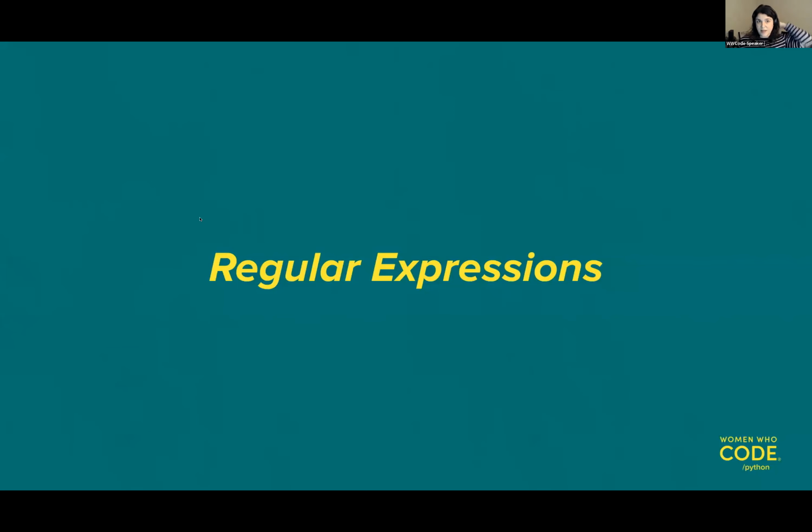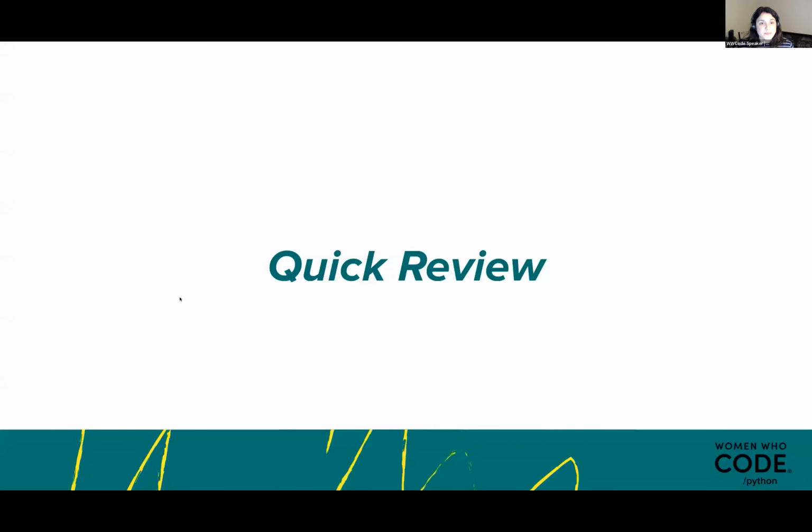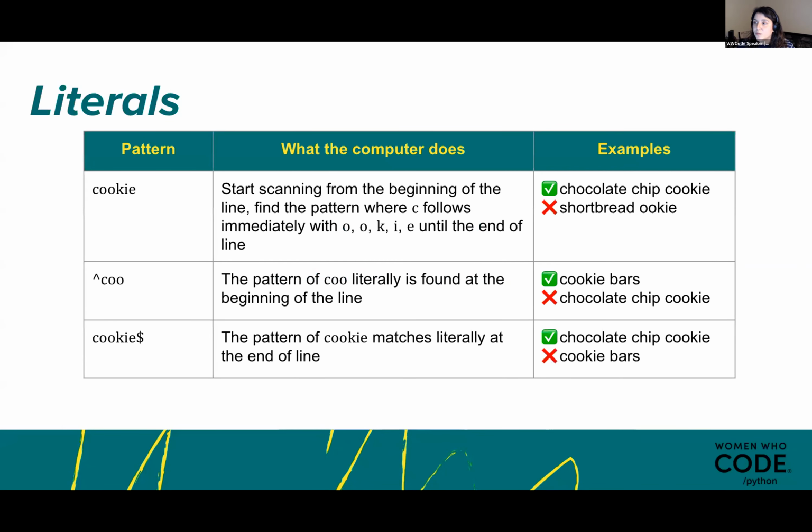Cool. So regular expressions. All right. I want to start off with a quick review of some of the points that we saw the last time. The last time we covered literals, basically. So when you're developing a regex pattern that you want to match with something else, one of the simplest things you can do is just provide literally what it is you are looking for.